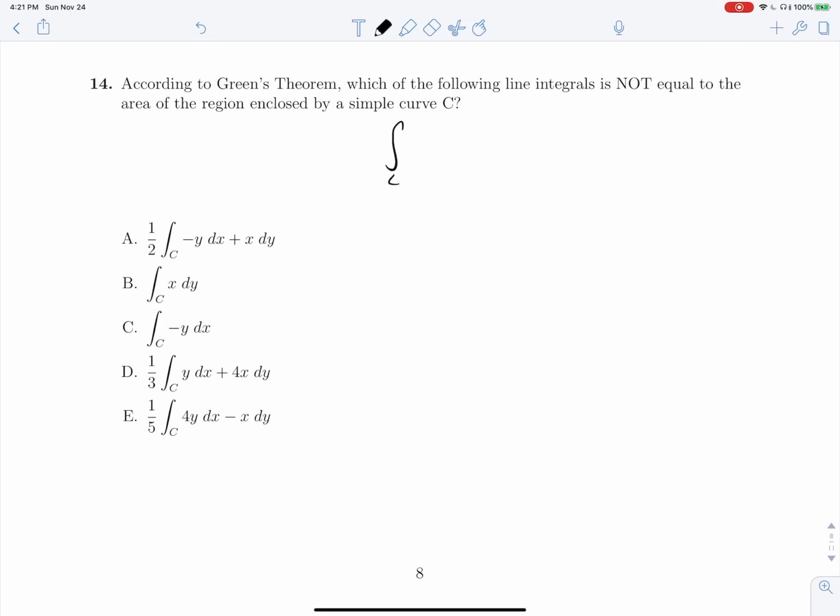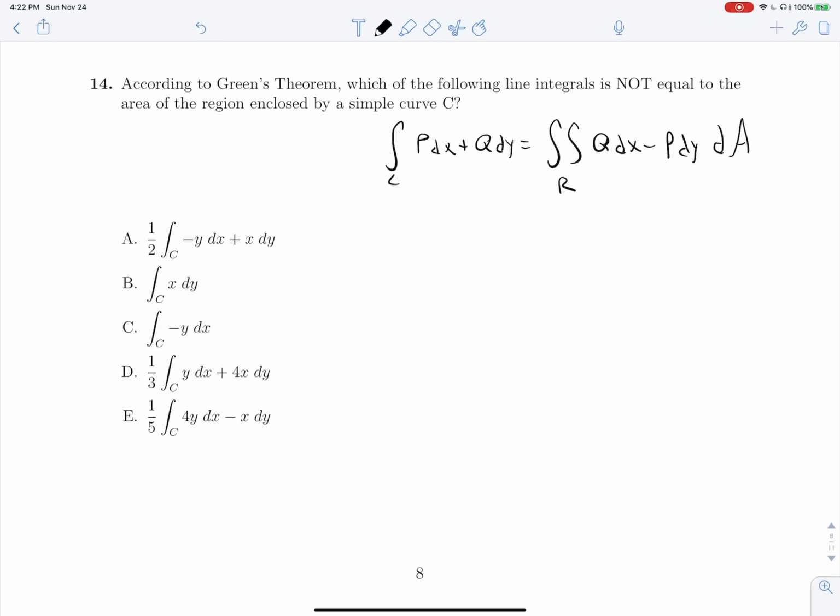The integral over C of p dx plus q dy is the same thing as the double integral over the area R of q dx minus p dy dA.